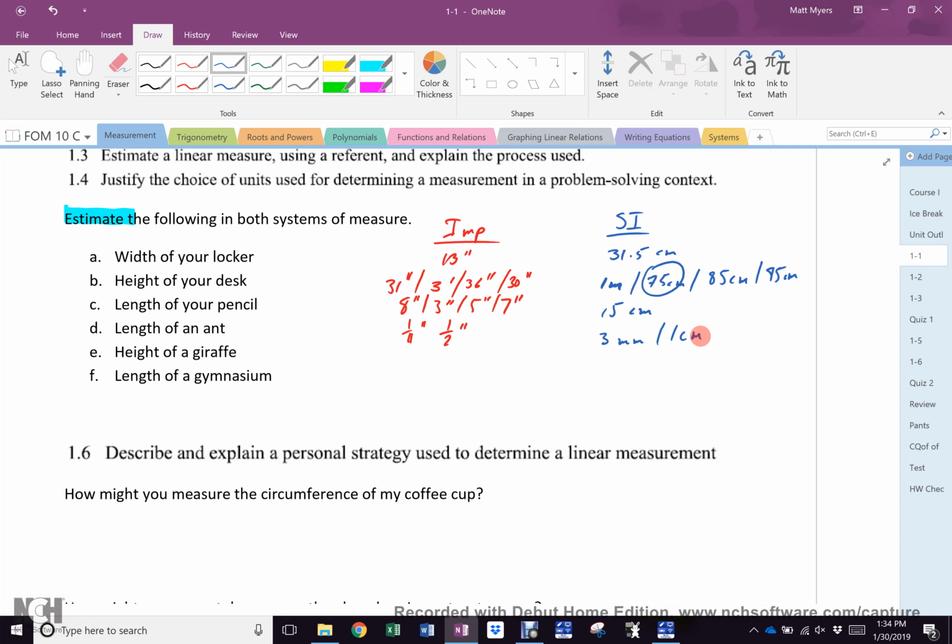Height of a giraffe. How tall is a giraffe? 60 feet. 60 feet. 50 feet. 12 feet. 9 feet. 10 feet. All right.